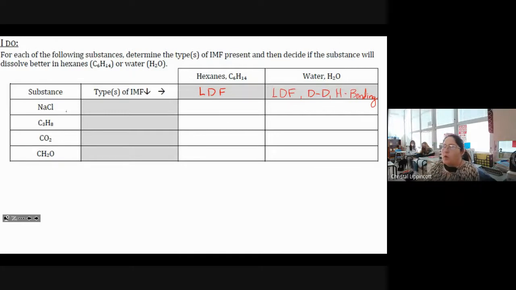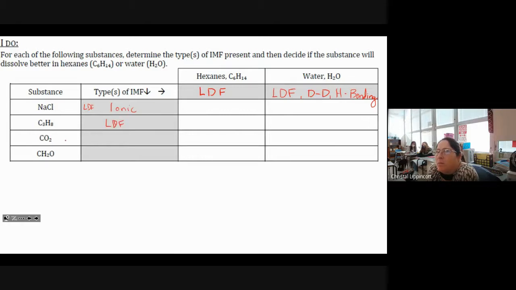Okay. It is LDF, but overriding the LDF you're going to have the ion interaction, because they're ionic. Ionic, yep. All right. What is this one here? LDF, yep.